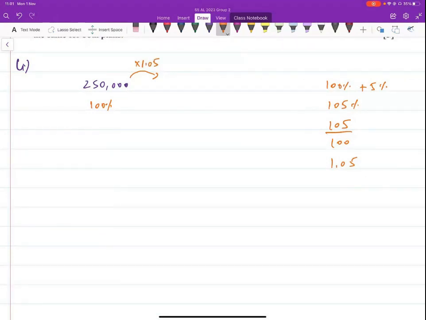Does that make sense? We have to increase 250,000 by 5%. That's the same thing as saying we want to multiply 250,000 by 1.05, which is 105%. Okay.